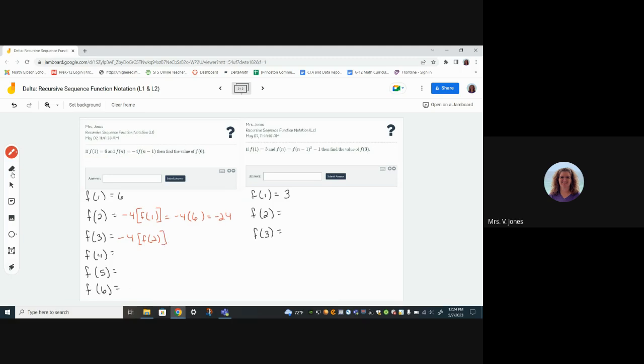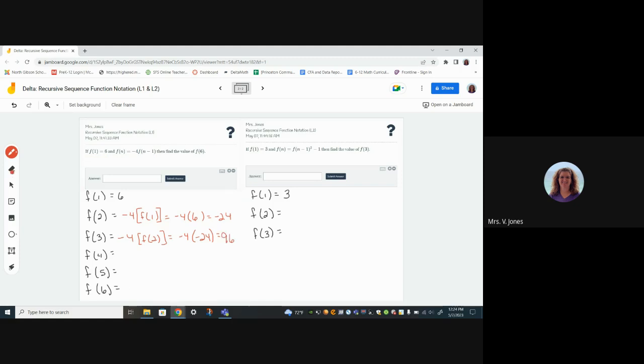Again, if you took this 3 right here, you plug it in, that's what we're trying to find, but if you plug it in here, 3 minus 1 is 2. So we're taking negative 4 times, we found that f sub 2 is equal to negative 24. So that's what we're plugging in here. So when you multiply those together, you get a positive 96.